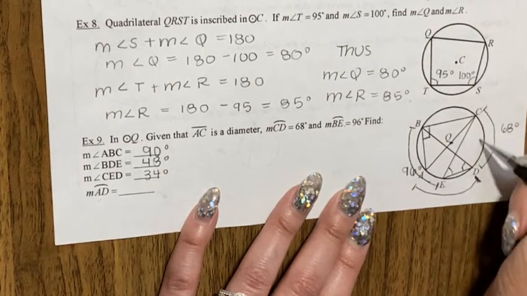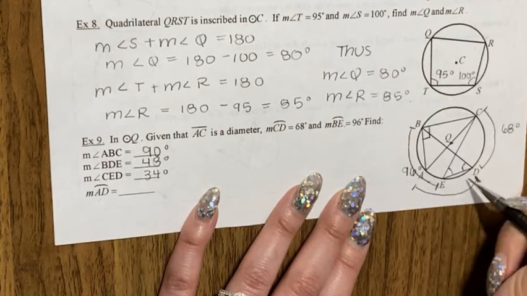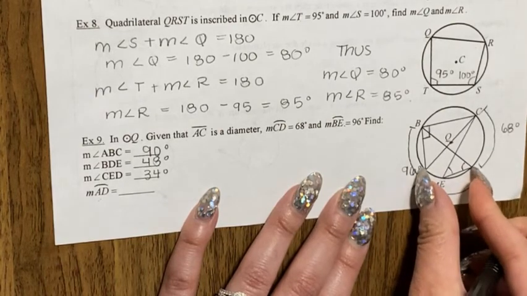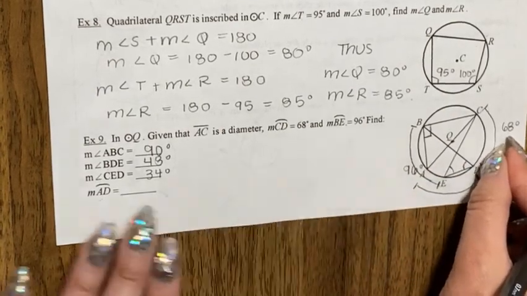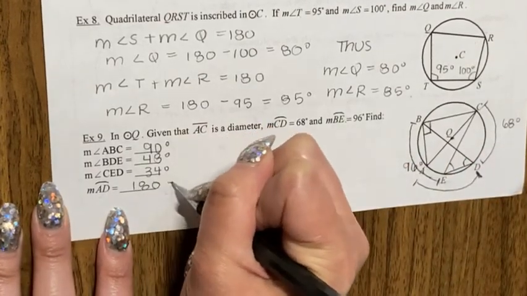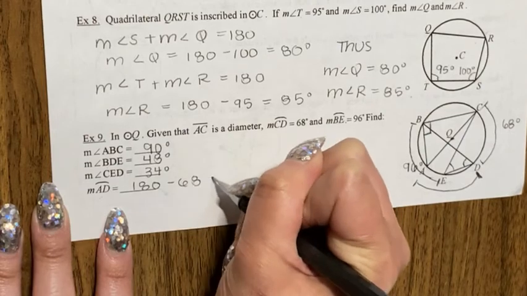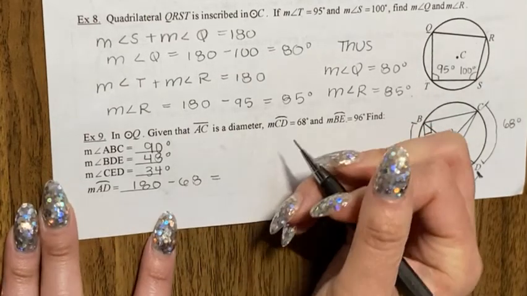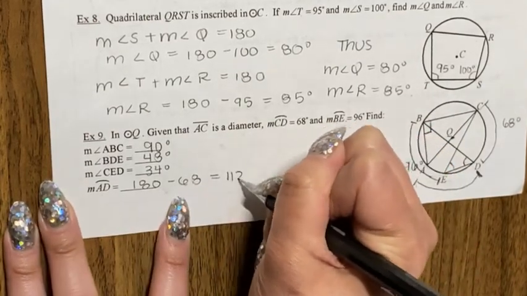This is a semicircle. Do you agree with that? And I want this piece of the semicircle. So it's going to be 180 minus 68. That's going to be equal to your beautiful value of 112 degrees.